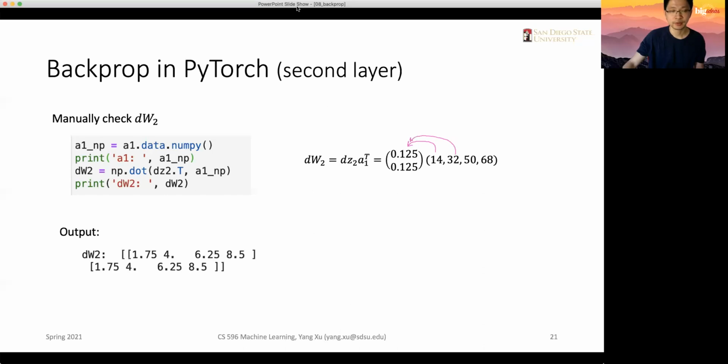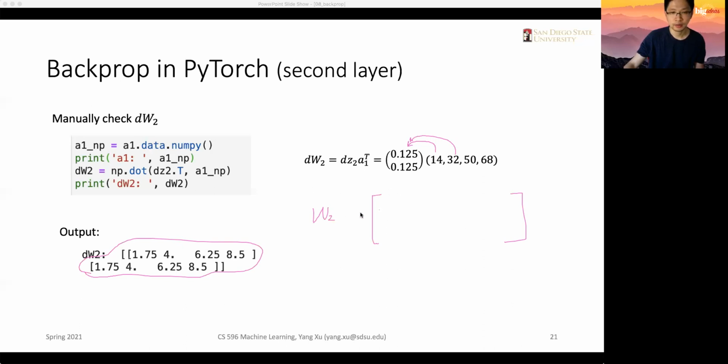So the result would be a 2x4 matrix, which is the same shape as dw2, as w2.